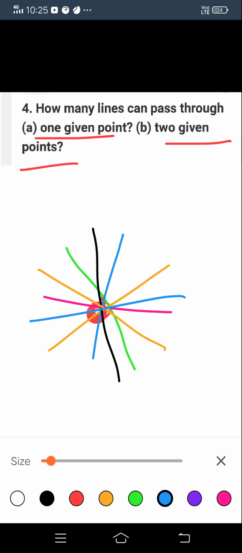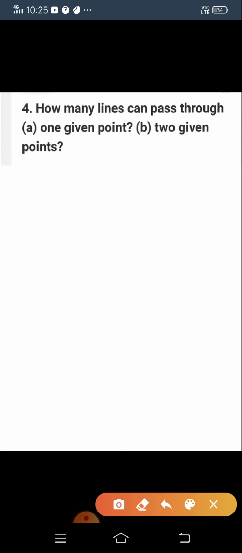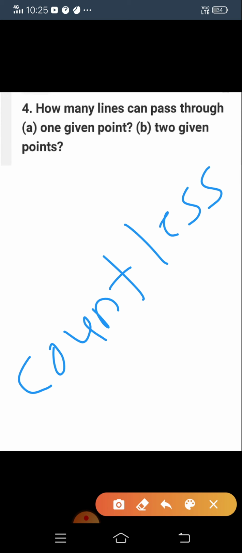We can draw uncountable lines. So through one given point we can draw so many lines. That's why the answer is countless.